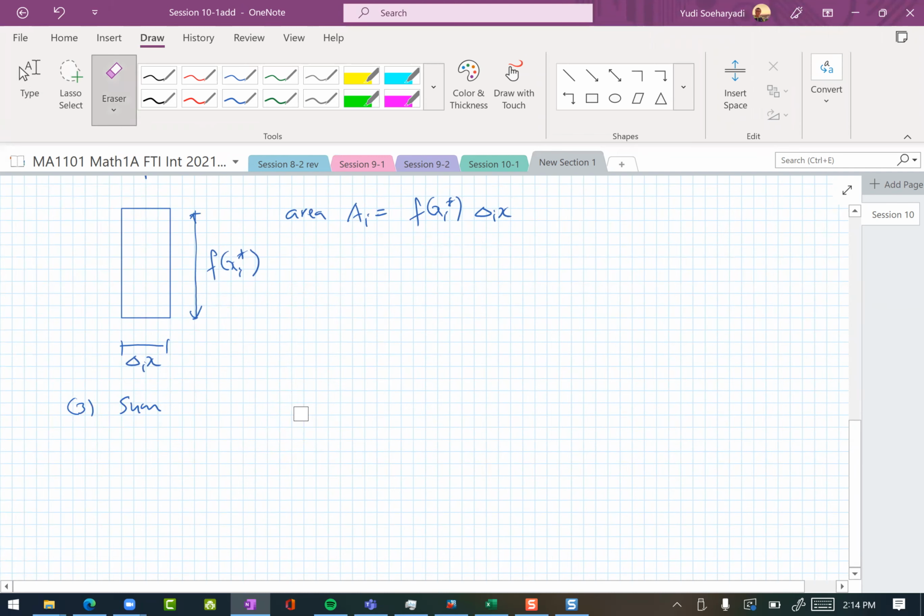The whole area is approximated by this sum, the sum according to the partition P. I just write this with the subscript P for partition. So this is the Riemann sum.